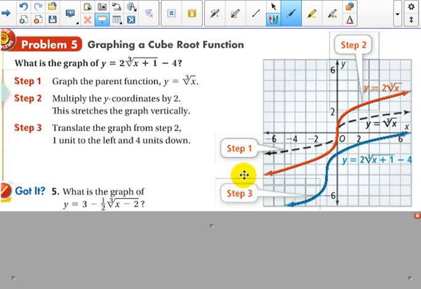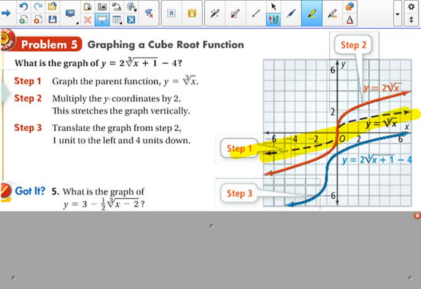So let's look. The black dashed line in the middle here is your parent function of y equals the cube root of x. Let me try to highlight it, but the highlighter tries to make a straight line, so I have to really exaggerate it. Nope, made a straight line. Well, it's that guy right there.